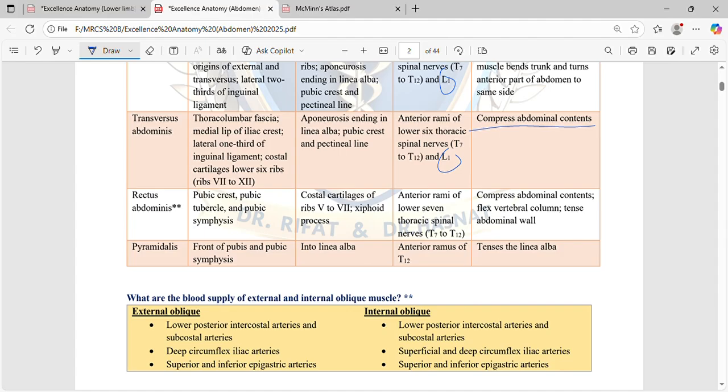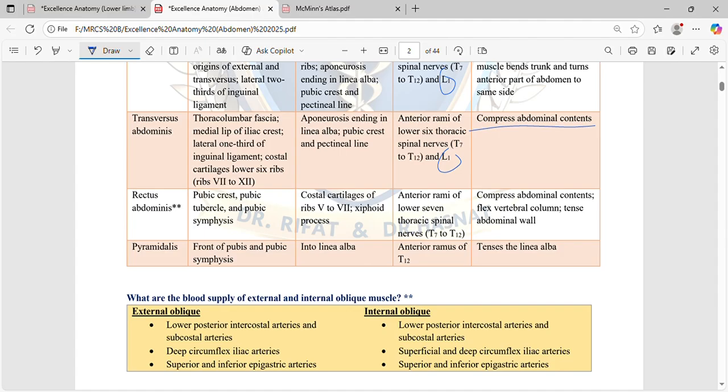It is supplied by T7 to T12, as for the external oblique. Only the internal oblique and transversus abdominis have L1. It has the same function: compress abdominal contents, flex the vertebral column, tense the abdominal wall, and it gives you the famous six packs.